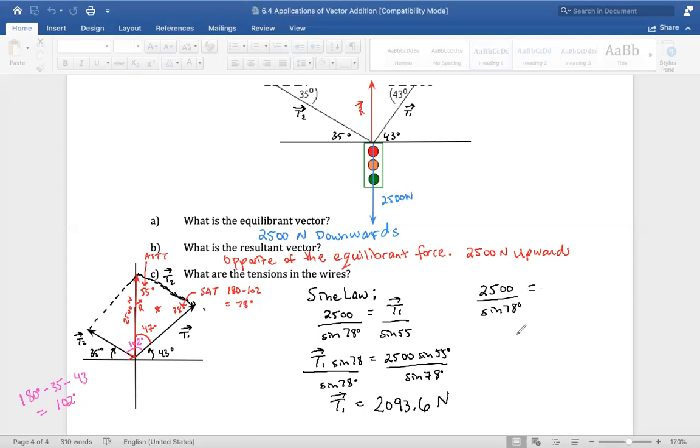And if I want to solve for side T2, then I have angle 47 associated with that, so I would have vector T2 over the sine of angle 47. Same thing, 2500 times the sine of 47. On this side, I would have T2 multiplied by sine of 78, but then I would divide by sine of 78, so I'm just going to skip that step and divide by sine of 78 on that side, just to save a step.